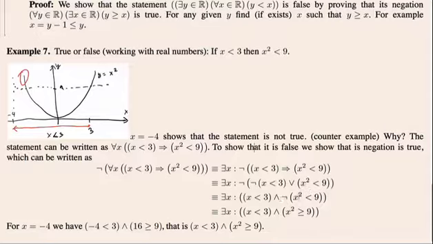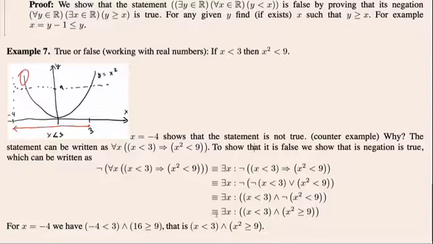And the negation of x squared less than 9 is that x squared is greater than or equal to 9. And now, by saying that x equals -4, if we choose this number, it's true that this x, -4, is less than 3, and the square of -4, 16, is greater than or equal to 9.